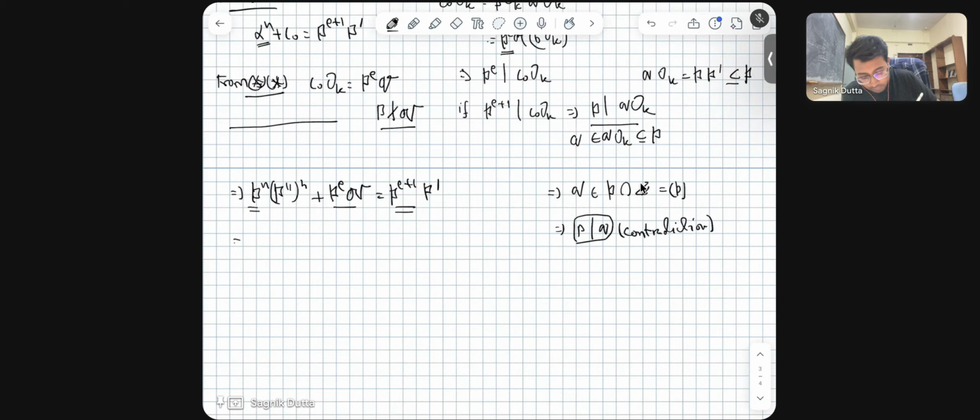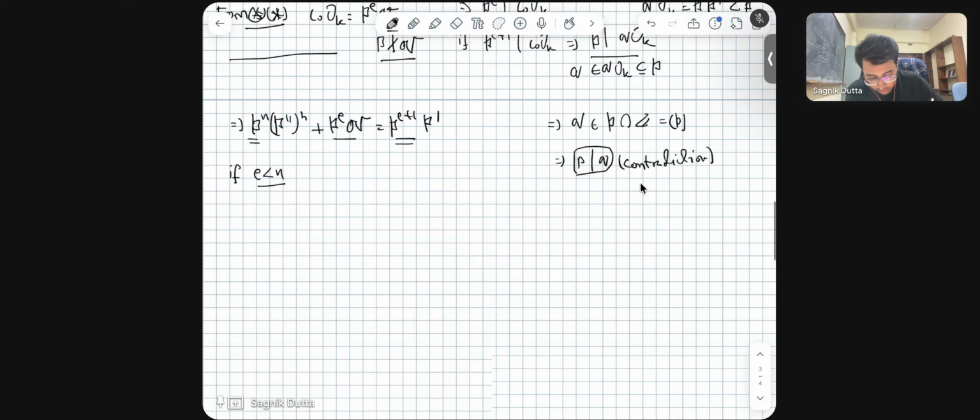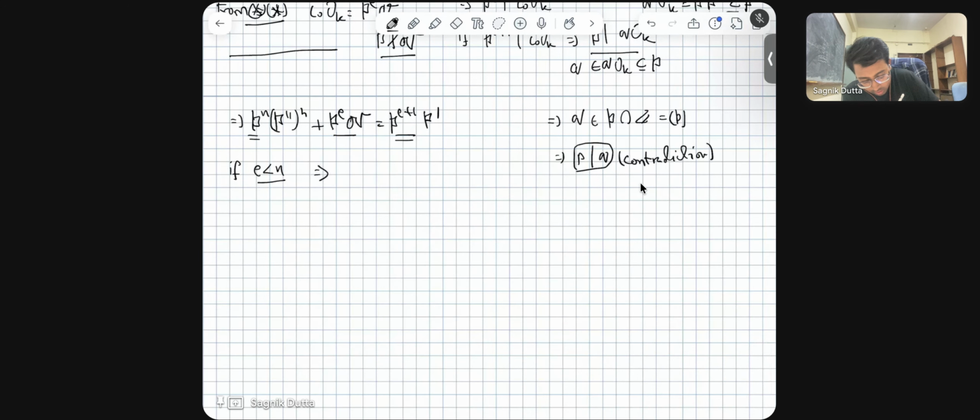So if E is smaller than N, what will happen? You can cancel out E many P's from both the sides, so you'll be left with this positive thing, Q, and there is P dash. But now see, this is divisible by P, this is divisible by P, this will force that this, but this is not possible.